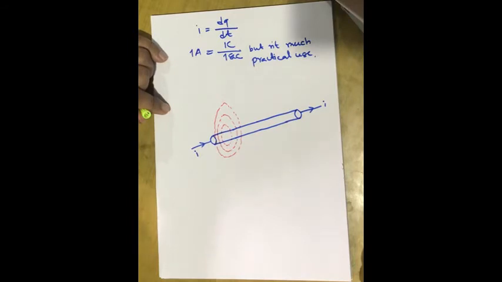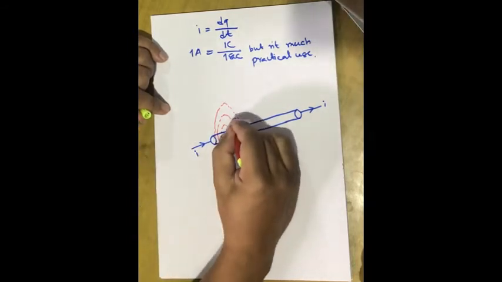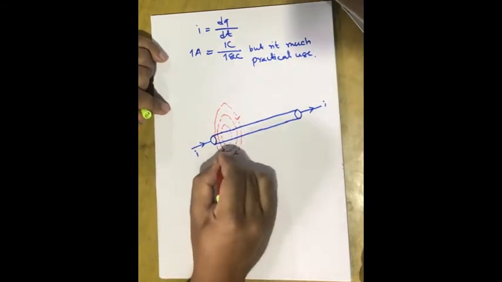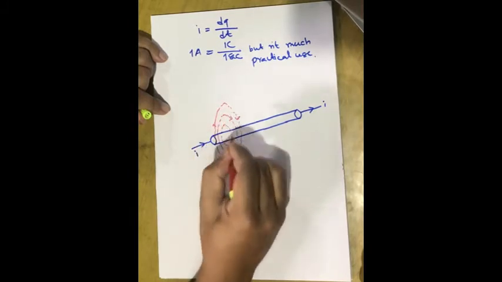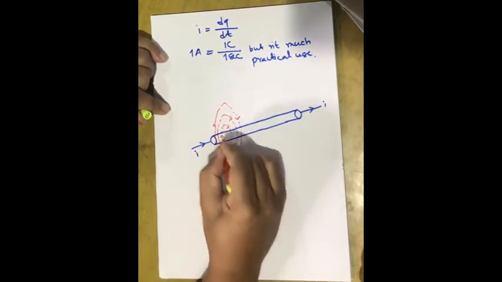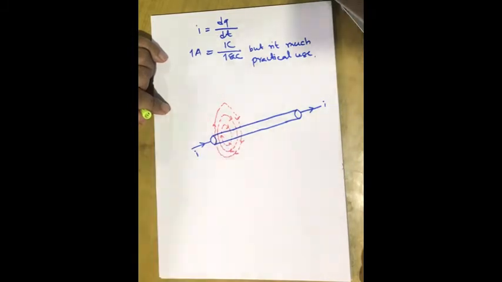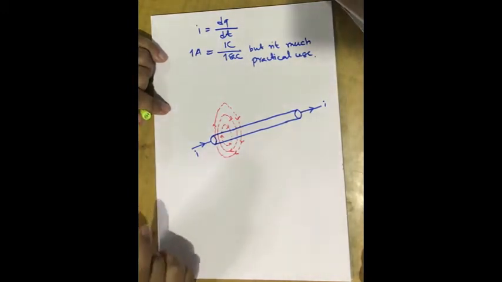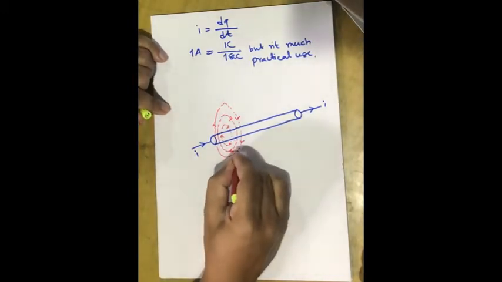And the direction of the magnetic field, suppose at this point, what will be the direction of the magnetic field?